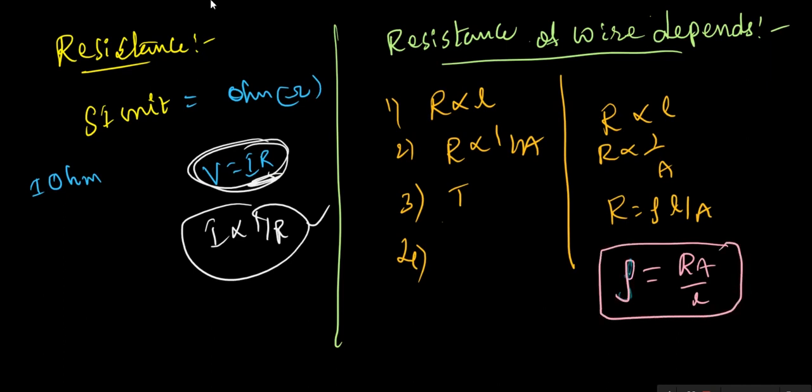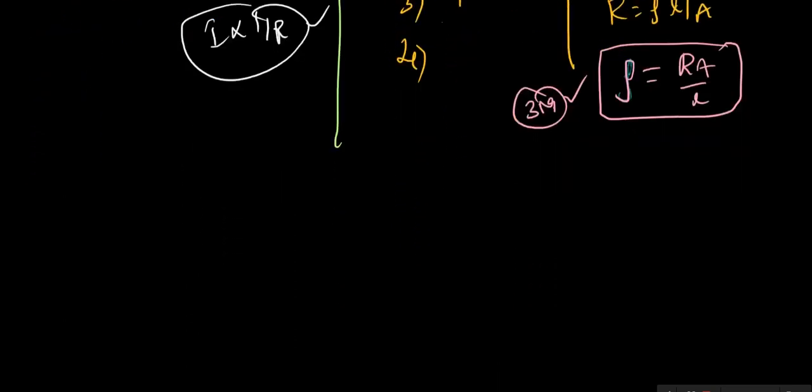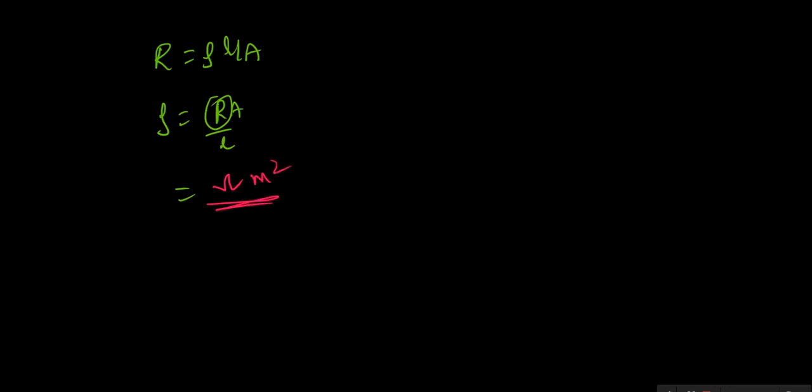What is the SI unit of resistivity? This is very important, a 3 marks question will come. I will explain how to find it. Normally R equal to rho into L by A, so rho equal to RA by L. The SI unit of resistance is ohm, of area is meter square, and of length is meter.